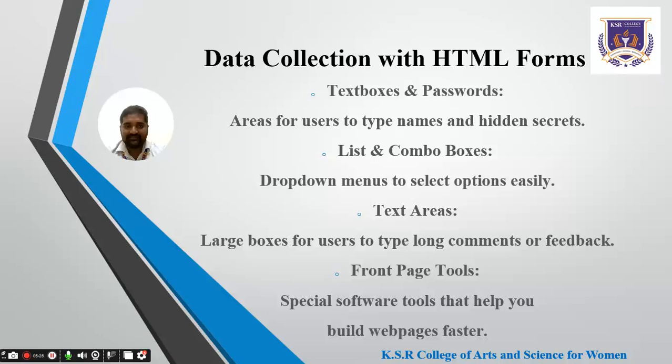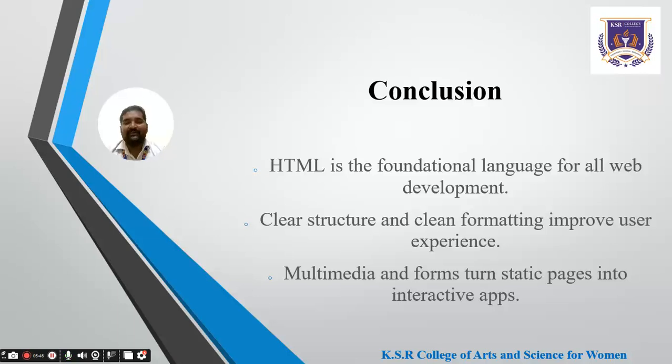Then text areas, large boxes for users to type long comments or feedback. Then the front page tools, special software tools that will be helping us build web pages faster. So, the various tools used for building web pages effectively. That's the thing.